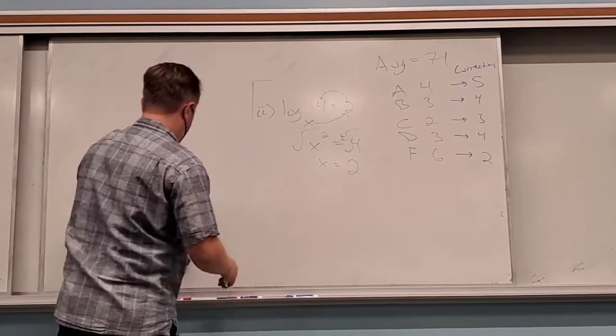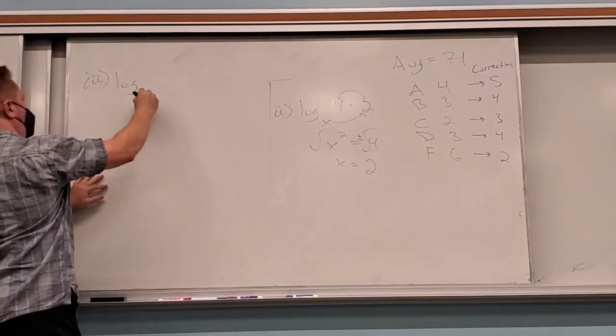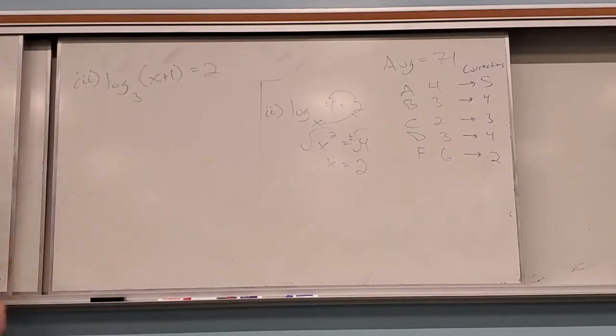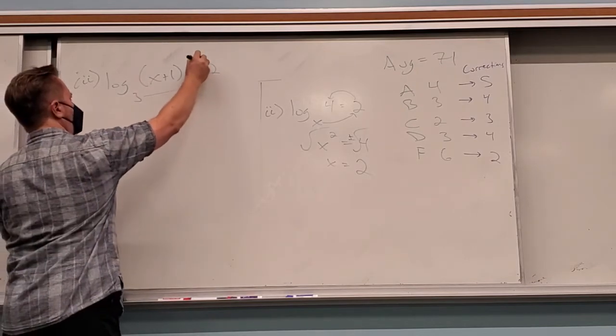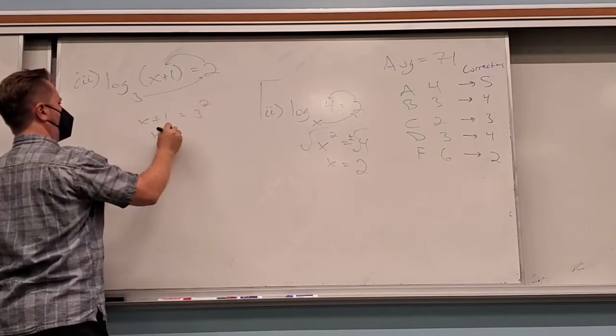So what about this? How do I rewrite this? So 3 squared equals x plus 1. So x plus 1 is 9.